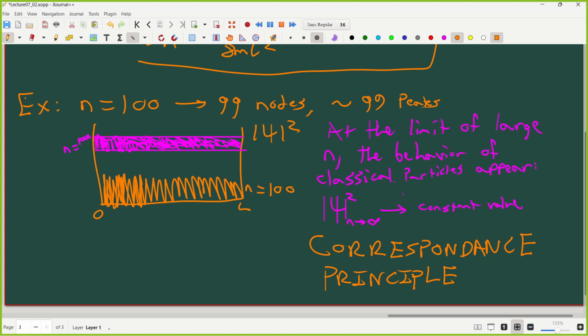And this is true for all systems. So that's a really powerful thing. Quantum mechanics really isn't its own little beast. Classical mechanics is just a different shade of quantum mechanics that appears at high energy.